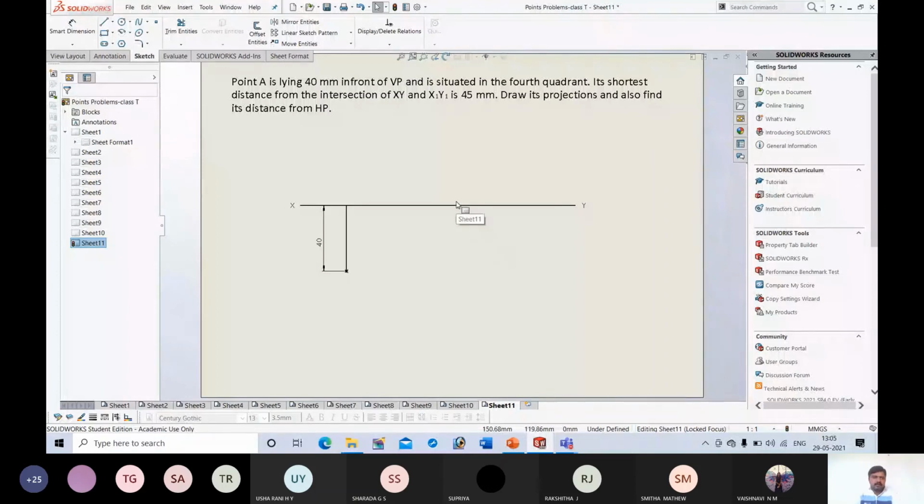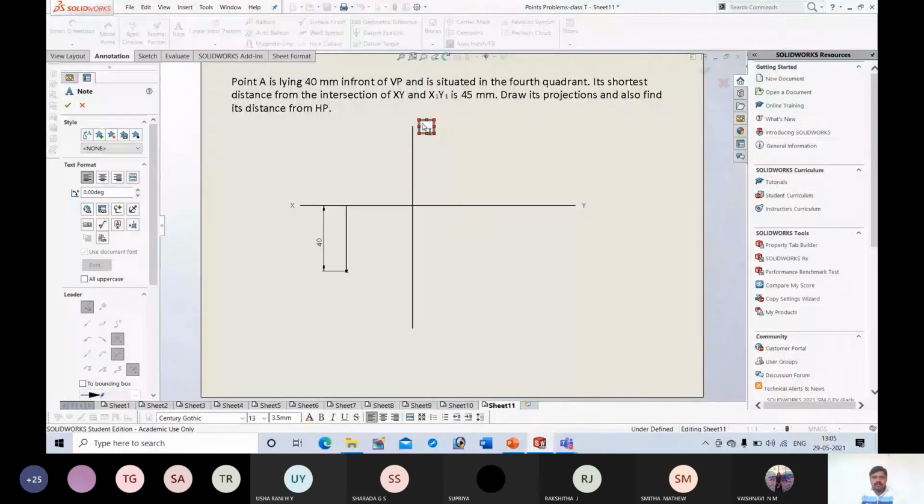Okay, so X1, Y1. Here they have not given a distance, so I can take any convenient distance for drawing this X1 Y1 line.